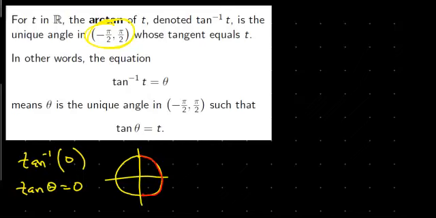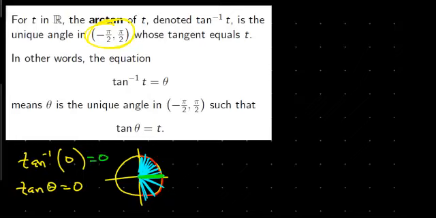If I just start drawing in some slopes here, when is my slope 0? Okay? It's like about right there. Here my slope is negative, getting big in the negative direction. Here it was positive, big in the positive direction, getting smaller, until right here the slope is 0. So that is going to be inverse tangent of 0 equals 0.